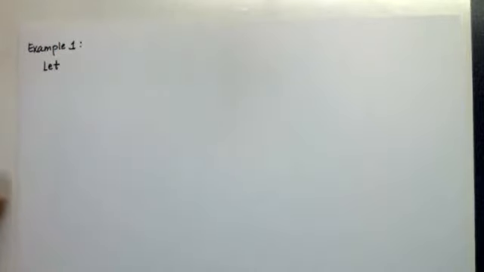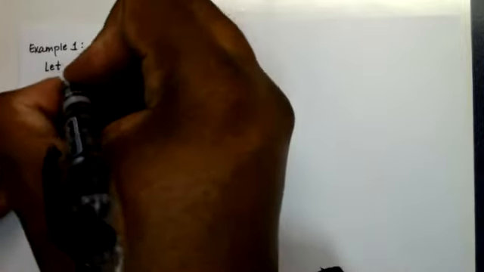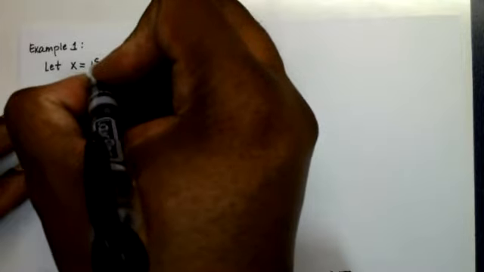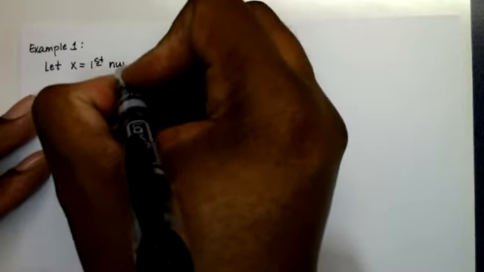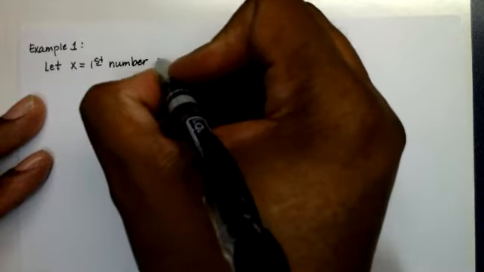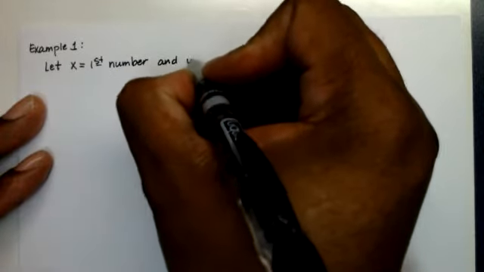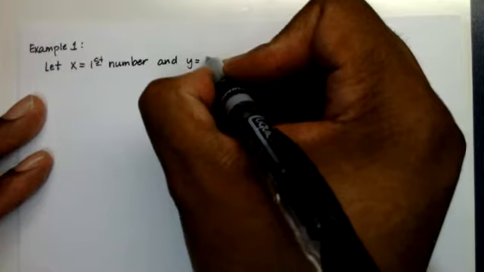All right, so in this example, here we're going to be looking for two positive numbers. So I'm going to let X equal the first number, and for the second number, I'm going to let Y be that.